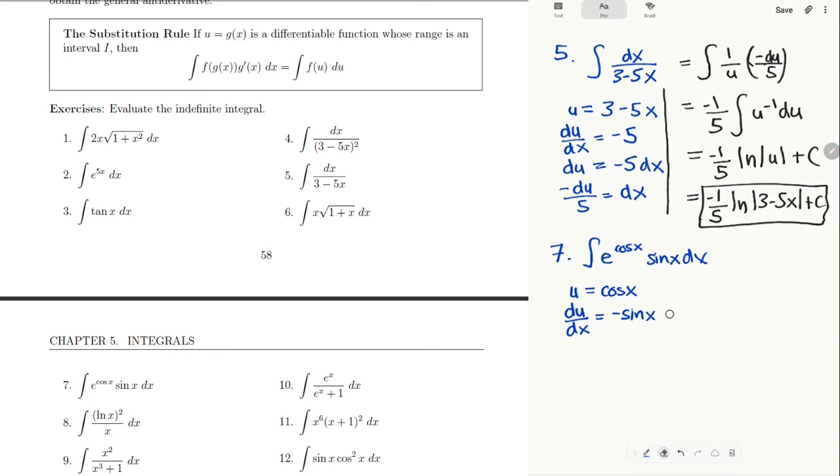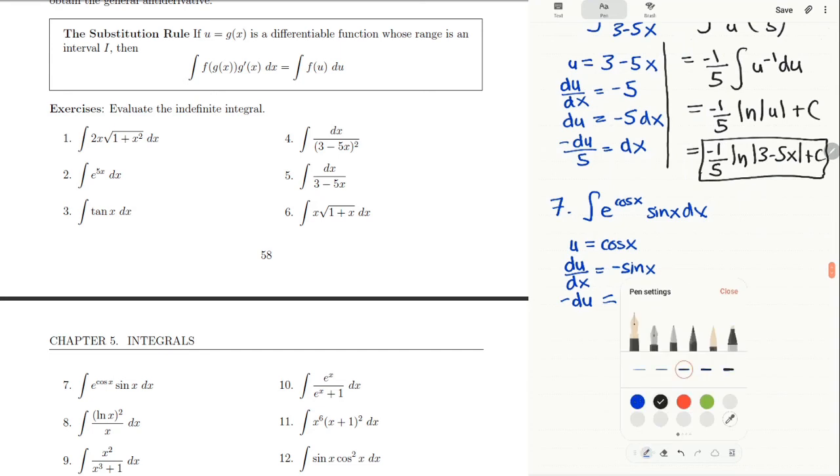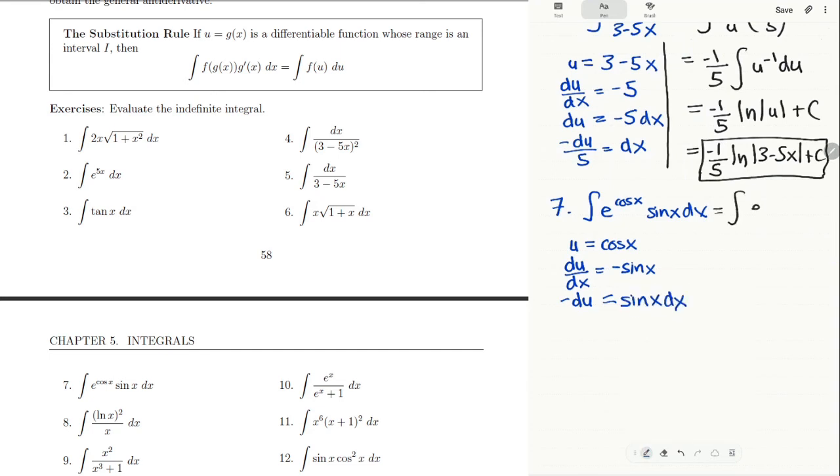That shouldn't be a dx here just yet. So if we multiply both sides by dx and divide by negative 1, we get negative du is the sine of x dx. So now we can substitute this into our integral. We get the integral of e to the u times negative du.